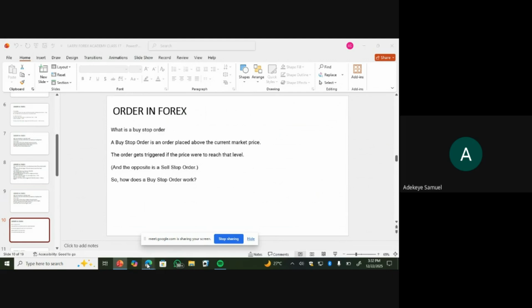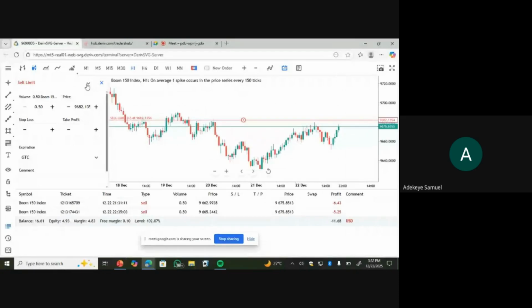All right. Now let's say this market is going up. After you have done your analysis, you say okay, this market is going to buy, but you don't want to buy now. You want to buy at a cheaper price.